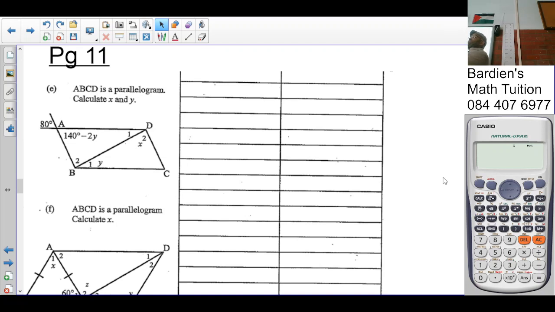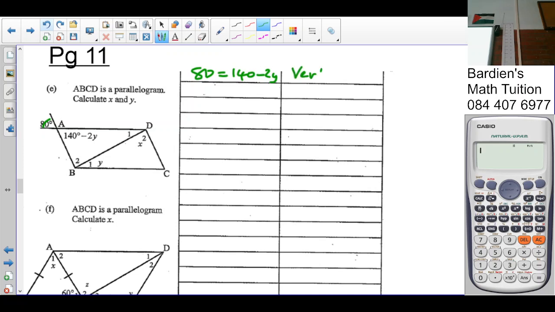Nobody? Yes, you did. So I think 140 minus 2y is equal to 80. Yes, absolutely. Why? But can you all see that, people? She's saying that 80 is equal to 140 minus 2y. Vertically opposite angles are equal.